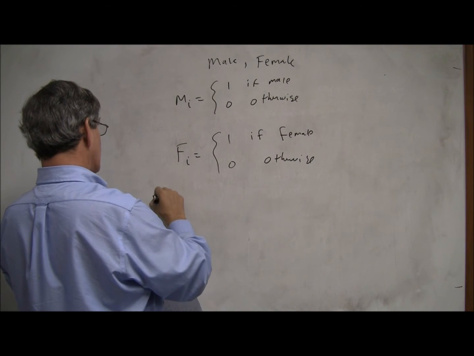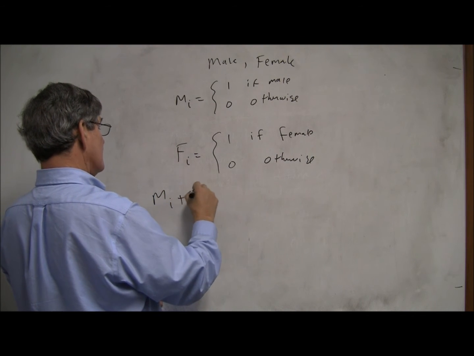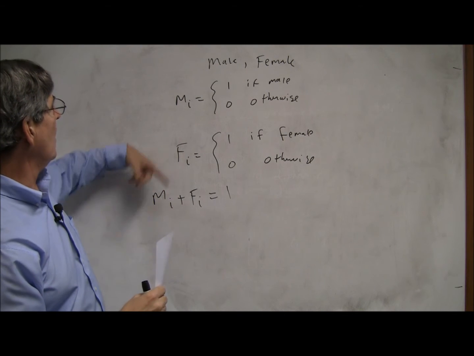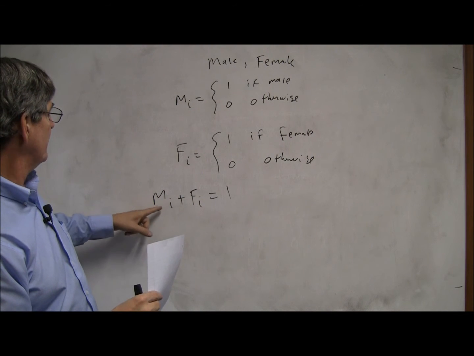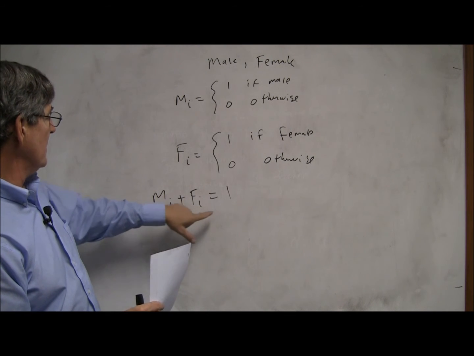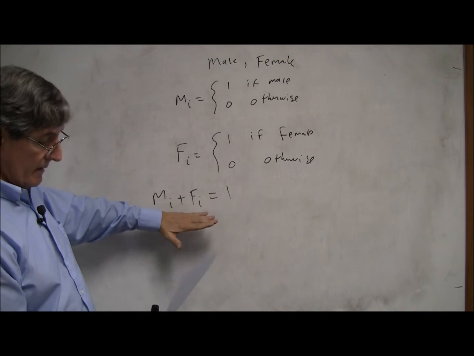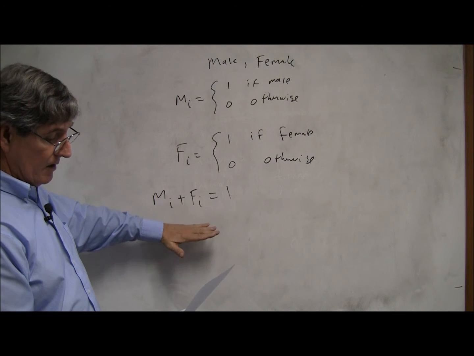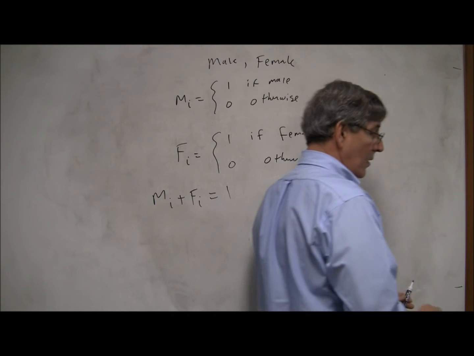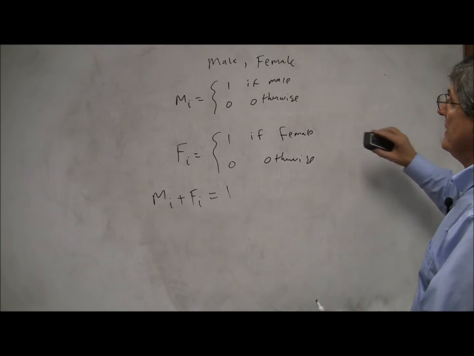And there's a perfect relation because mi plus fi will always equal 1, because you can only be one of the two. So if this is 0, that's 1. If that's 0, that's 1. And so those two things are perfectly related, and so I can't include both in a model. And so what you do is you just pick one.